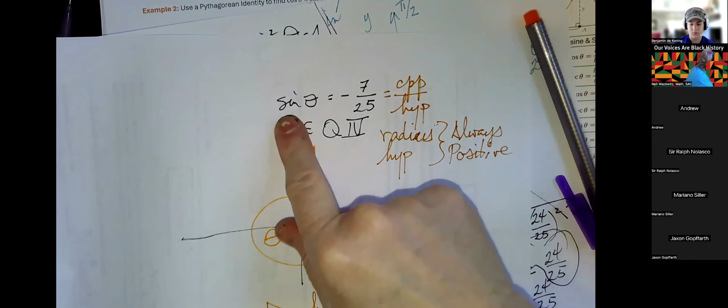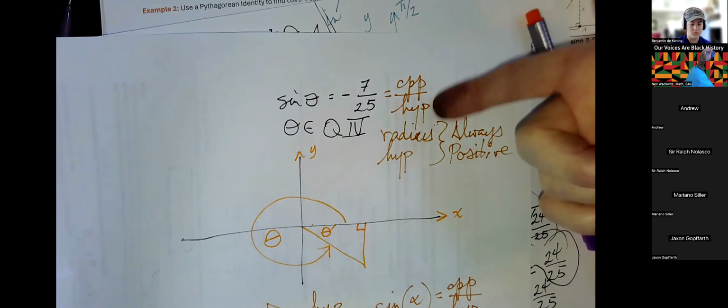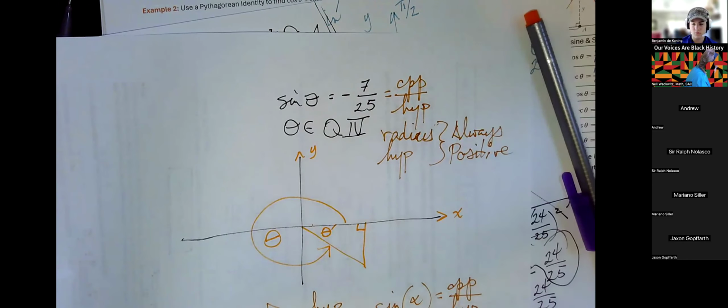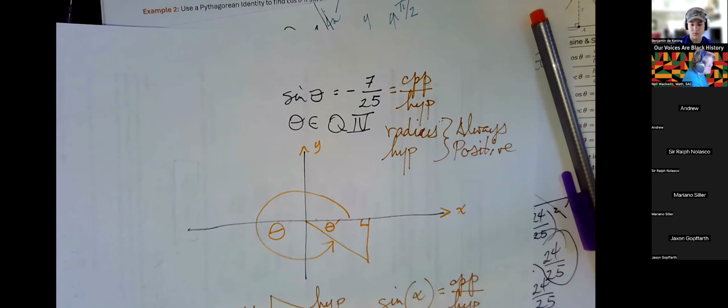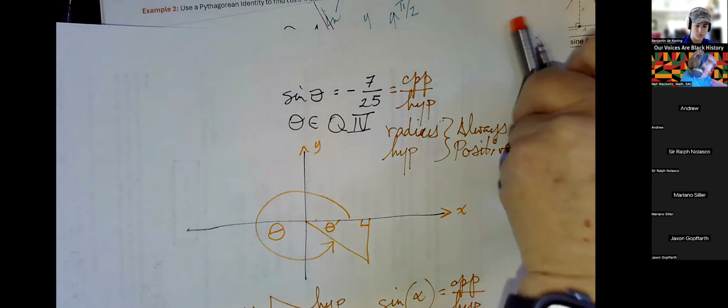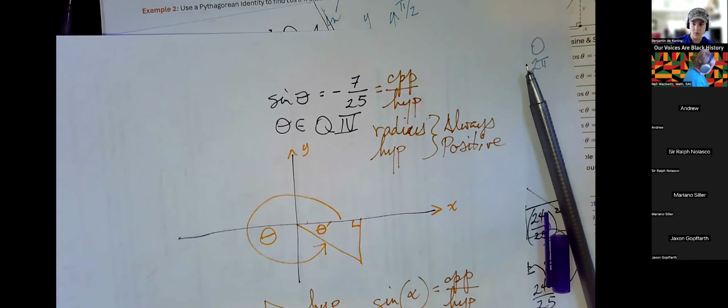So if sine is opposite over hypotenuse, which side would I label as -7? The opposite. Good. And which side would I label as the hypotenuse? It's a silly thing to ask. Okay, so we've got 25, -7.